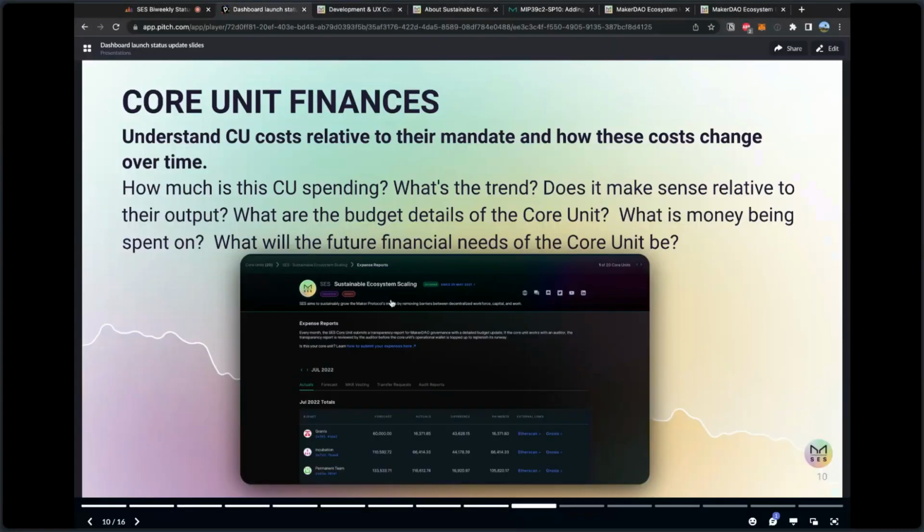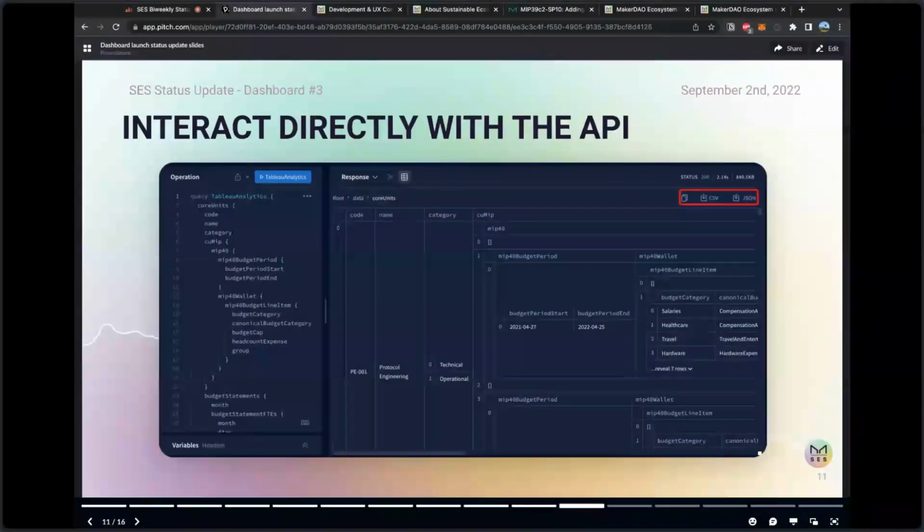Now, moving forward, something that we expressed early on is that this is really an API-first approach to this financial data and other forthcoming data within the DAO. So this is actually the API, and what this API allows is for more technically capable users to interact directly with the data of the ecosystem performance dashboard.